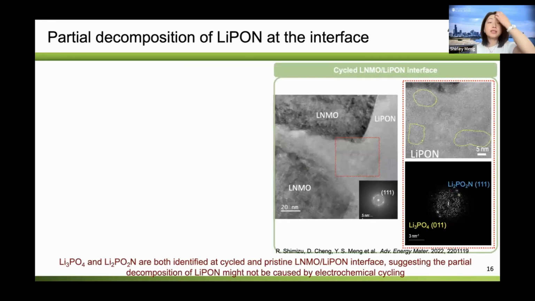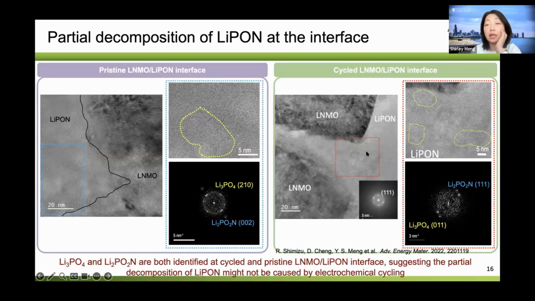What I want to emphasize is to show how the LiPON in the pristine sample probably does have decomposition products related to these species that were predicted previously by theory. However, even with cryo-EM, quantification or complete identification of these decomposed species is quite difficult.